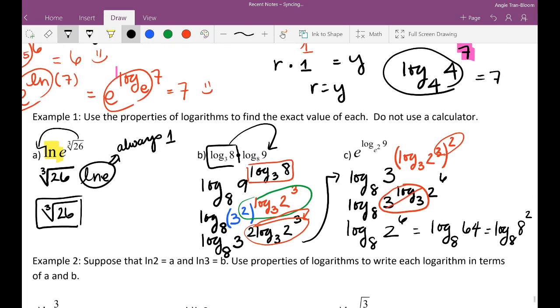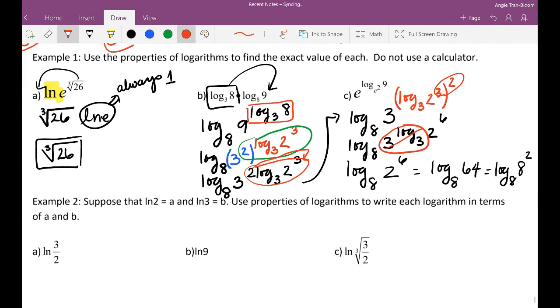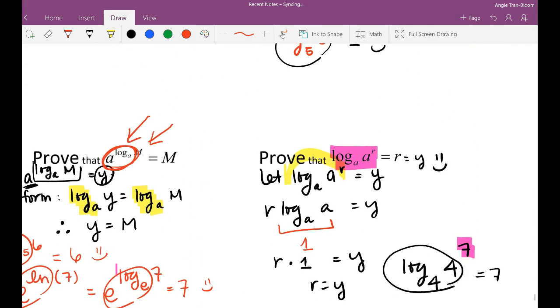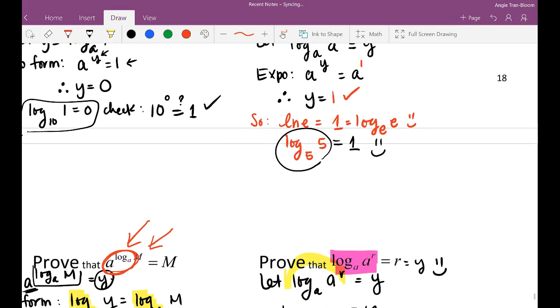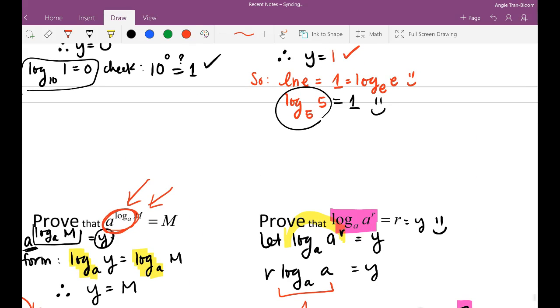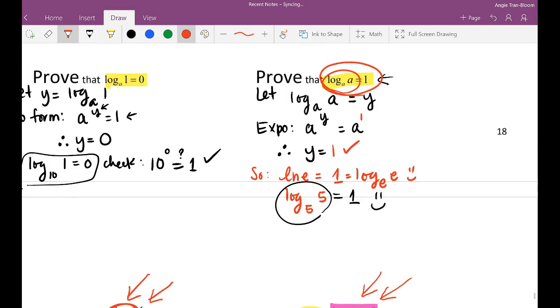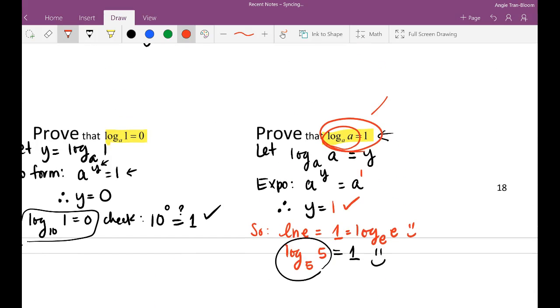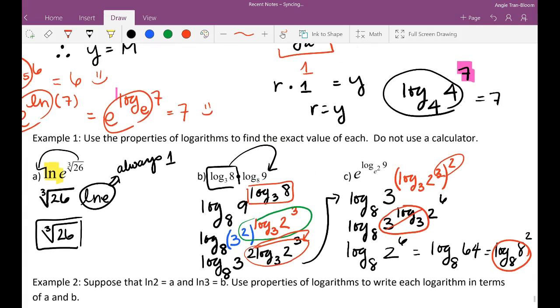Can I move this back up? Here's what I want you to find for me. See this right here? Log base 8 of 8. Does that remind you of any one of these proofs? Log base 8 of 8 is what?